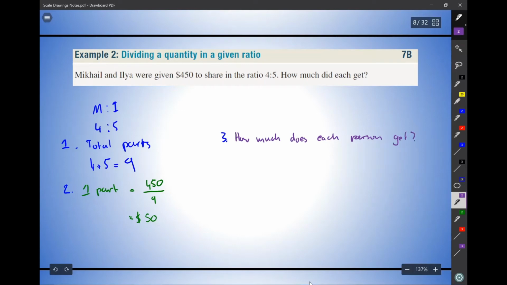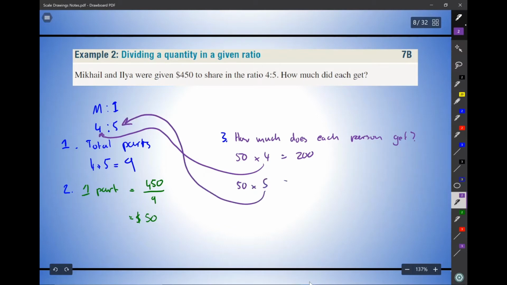We work this out by taking our 1 part and timesing it by the 2 numbers of our ratio. The first person gets 200 and the second gets 250.